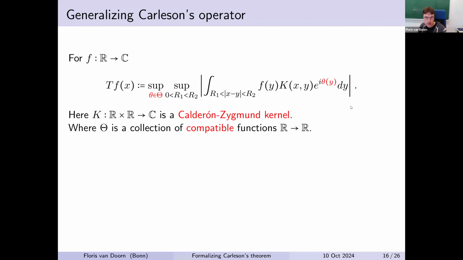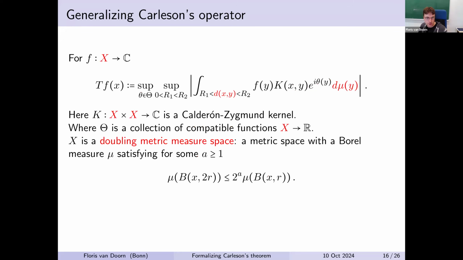And in fact, the generalization is that we actually allow a wide class of so-called compatible functions, which roughly say these functions behave a bit like polynomials. And then we modify this exponent. And the last thing is we don't want to just do this for the real numbers, but we actually work on a much more general space, a so-called doubling metric measure space.